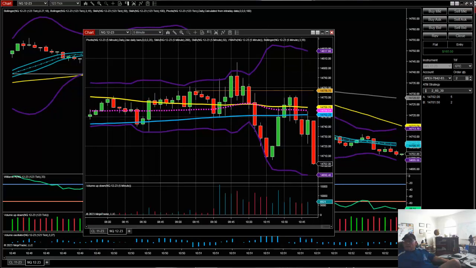Not a very strong green bar, so that's kind of what we need to pay attention to, I suppose. Not a very strong green bar right there. Down it goes. These were strong green bars through there. Not a strong green bar on that retracement.